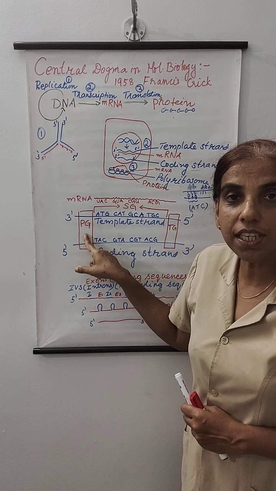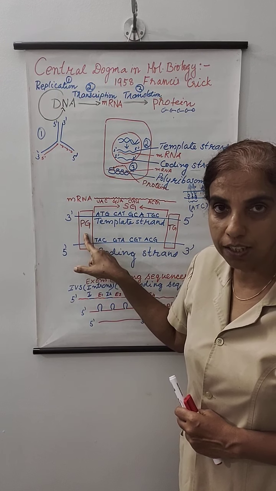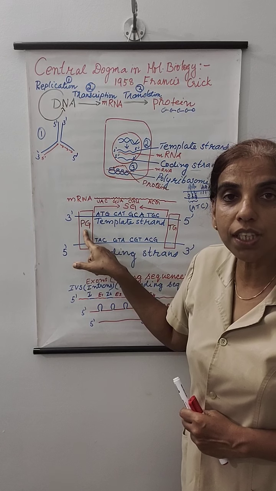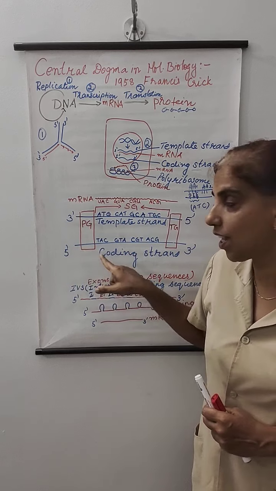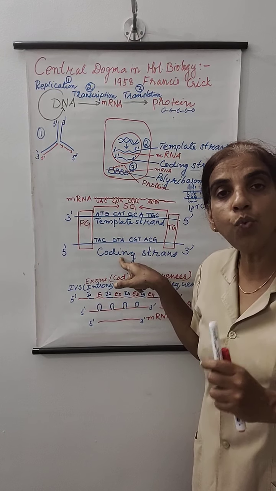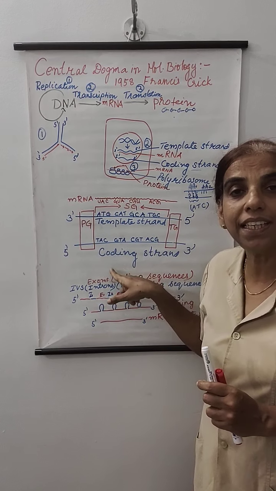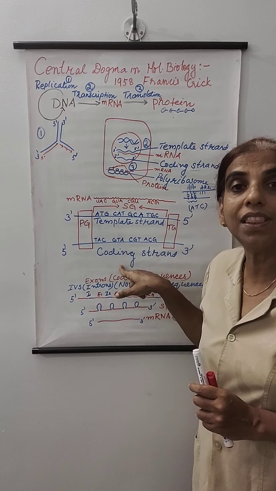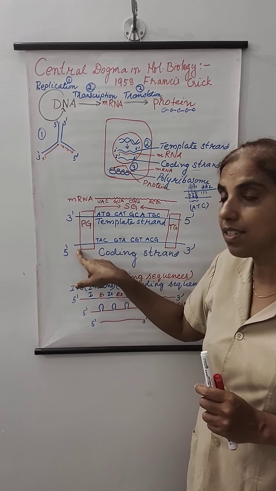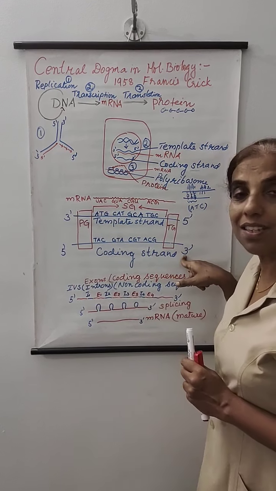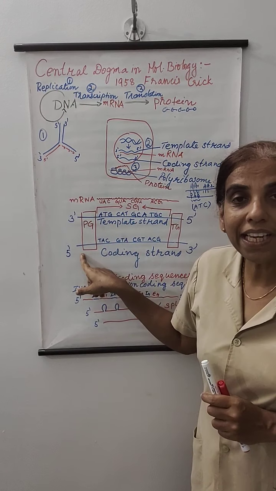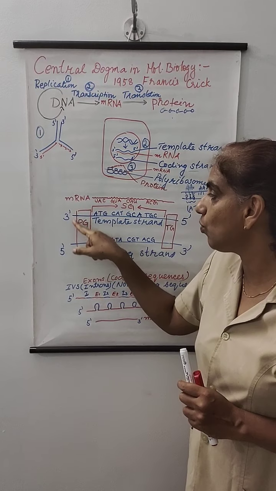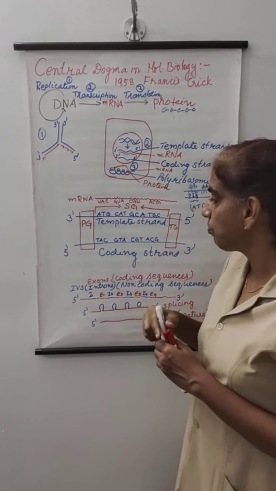The first region is the promoter. This promoter is always at the 5' end of the coding strand. You always refer to the polarity in reference to the coding strand. This is the coding strand, which runs 5' to 3'. So at the 5' end of the coding strand we can see the promoter.